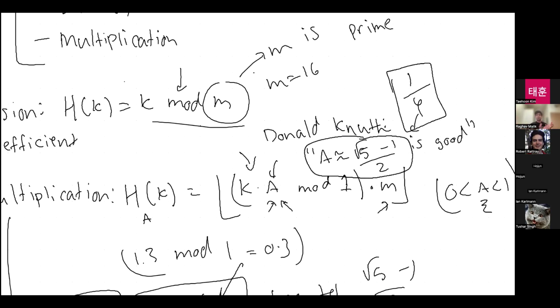If I multiply a key by some irrational number and then look at the fractional component, keys that are very close together, or keys that exhibit some kind of pattern, will have that pattern destroyed when you compute the hash value. So that's something that you care about.